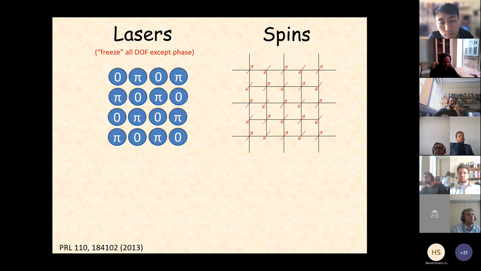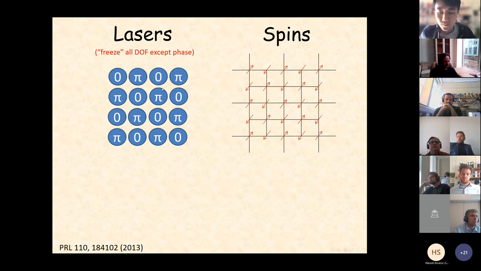They can have multi-frequencies, they can have phase, they can have internal structure, multimode, like polaritons, of course. And I'm going to freeze all of them. Also the intensity. I'm going to assume that the intensity of all the lasers is the same. And I will be left only with a single Gaussian mode, fixed intensity, with a certain phase, which is again a number between 0 and 2 pi, which is the arrow that I'm drawing here. Freeze all the degrees of freedom.